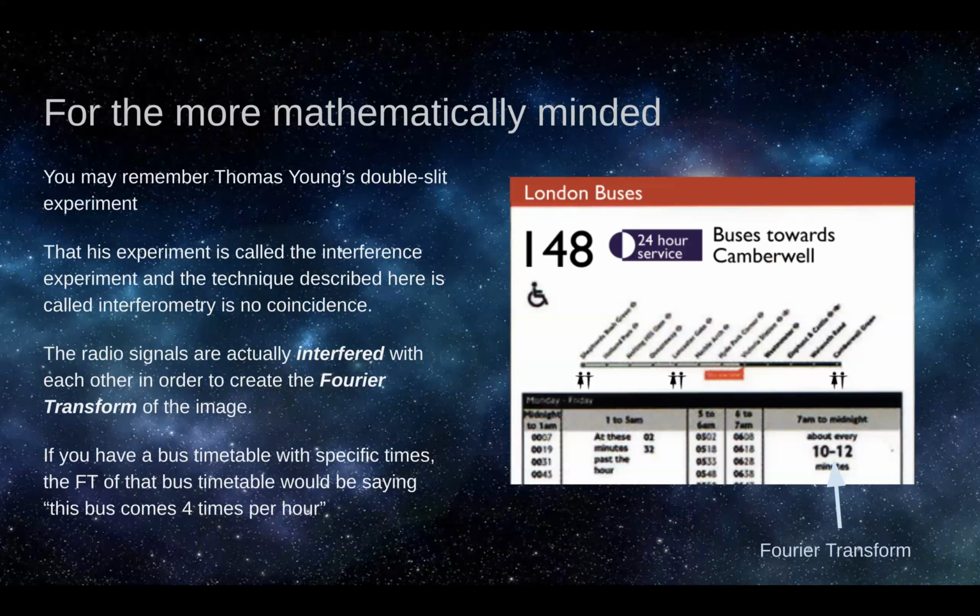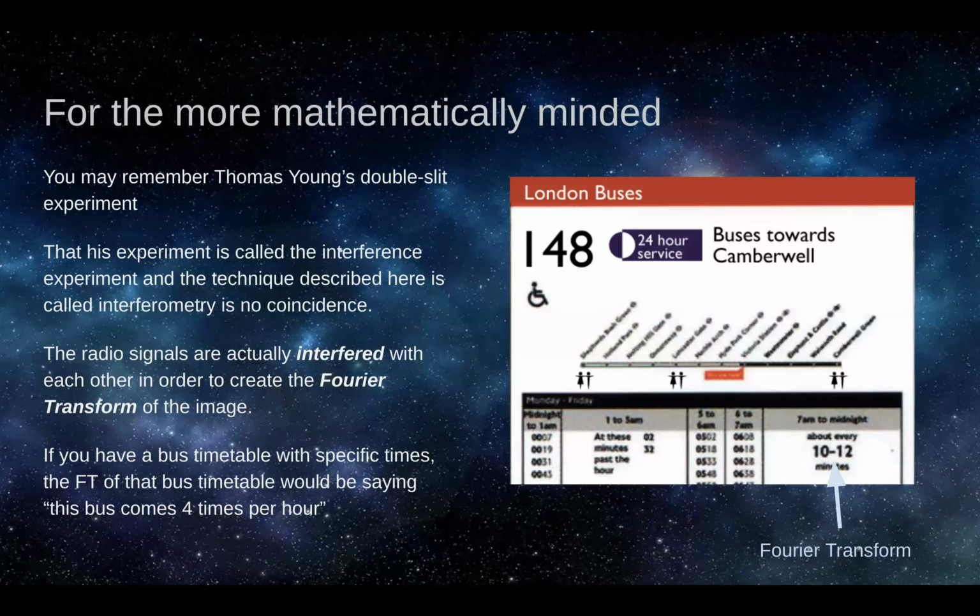So I said here that if you have a timetable that is 7:15, 7:30, 7:45, 8, 8:15, 8:30, 8:45, etc., the Fourier transform of that would be saying that the bus runs 4 times per hour.